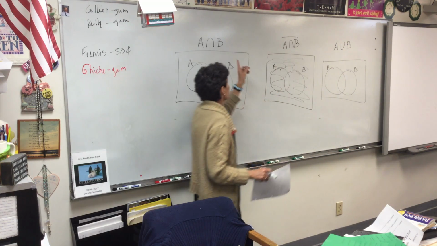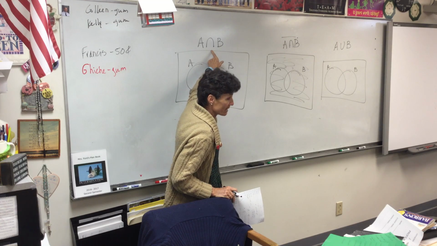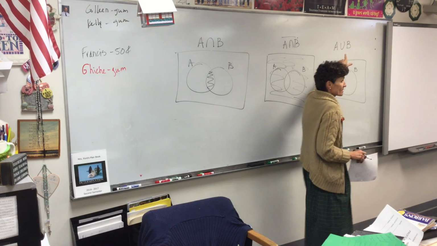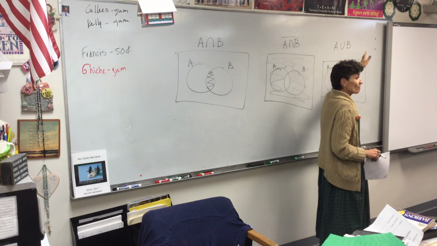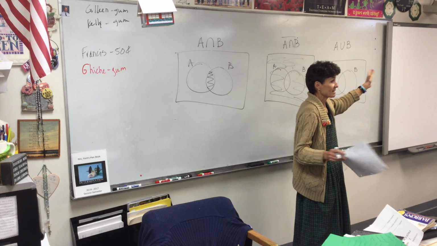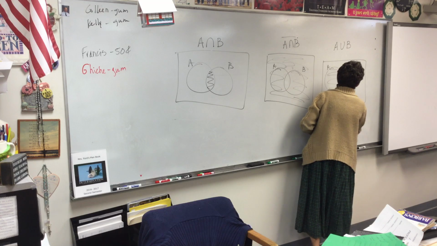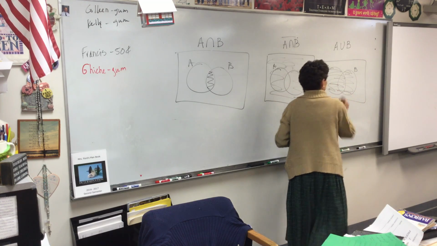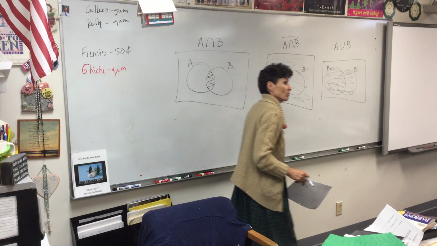And the intersect symbol is associated with what word? I already told you. And. The union symbol is associated with or. So this is everything that's an A or B or both. It's everything that's an A or B. So you're going to color in the entire thing. Everything that's an A or B or both.